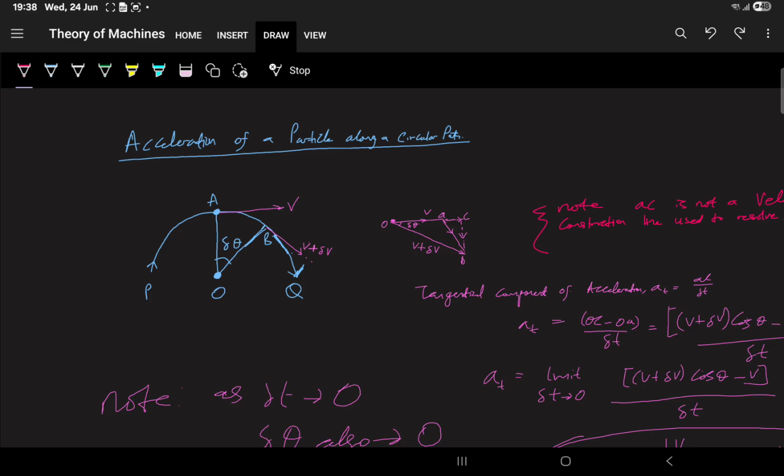Think of it this way. Let's get practical. Stand up, stretch forth one of your hands. Now stand on a spot and move in a circle. Turn yourself in a circle maybe 1 or 2 times while your hands are stretched out.